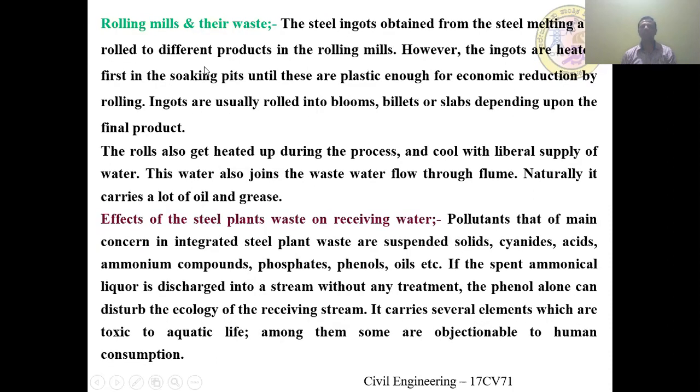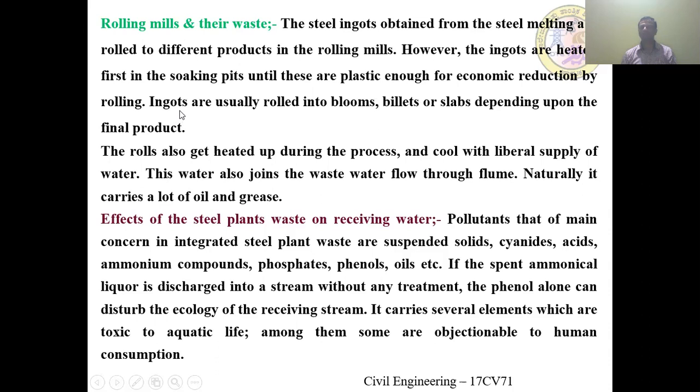And last is rolling mills and their waste. The steel ingots obtained from steel melting are rolled into different products in the rolling mills. However, ingots are heated first in the soaking pit until they are plastic enough for economic reduction by rolling.